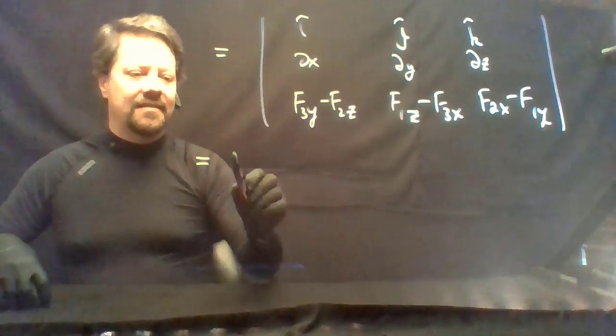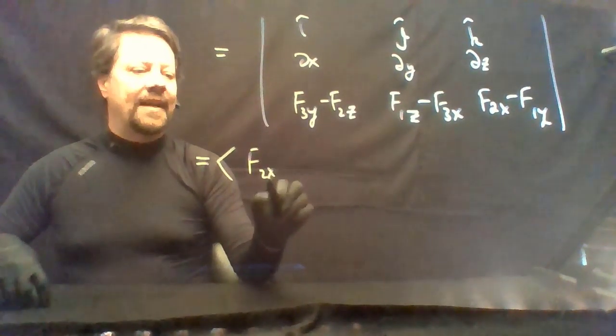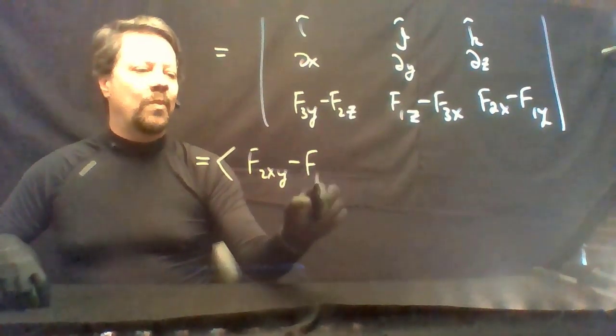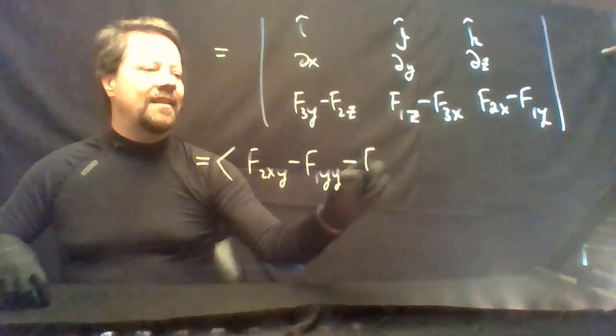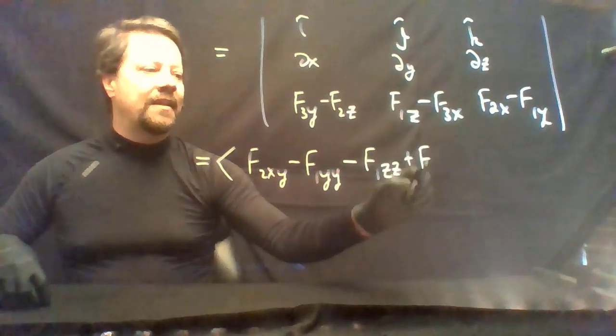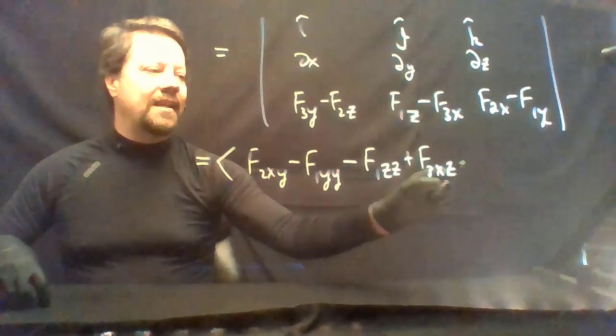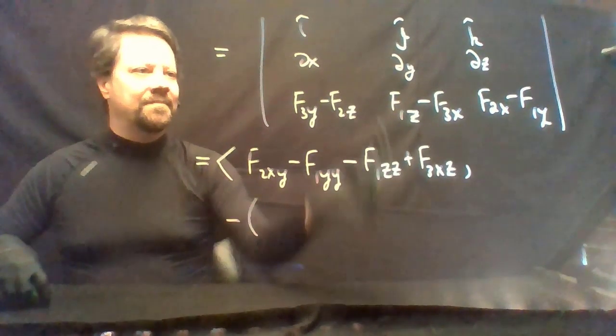We have then f2xy minus f1yy, and then we subtract f1zz minus minus is plus f3xz. Don't forget a minus on the middle cofactor.